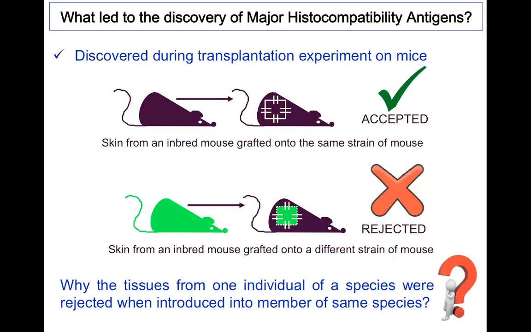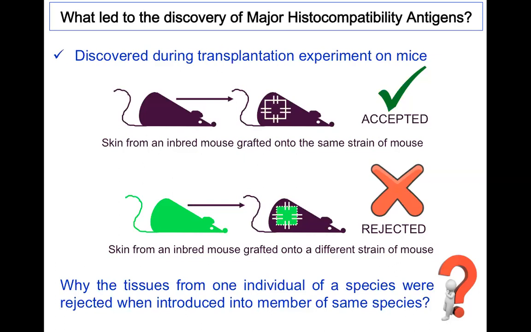First, we will look at what led to the discovery of major histocompatibility genes. Scientists found that tissue transplanted from a donor to a recipient mouse of an inbred mouse strain was accepted. Inbred mouse strains are those maintained by successive brother-to-sister mating over more than 20 generations.